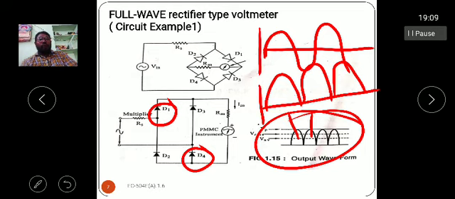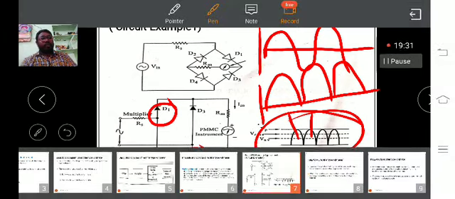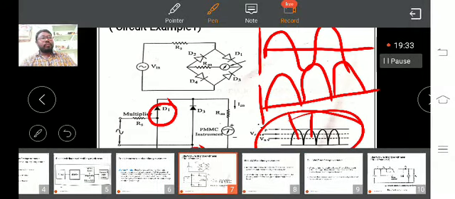When the input signal is positive, the diodes D1 and D3 go to forward bias, then it gives the output. When the input signal is negative, the diodes D2 and D4 conduct, that is forward bias, and it gives the output. Finally the current output waveform is like that only.